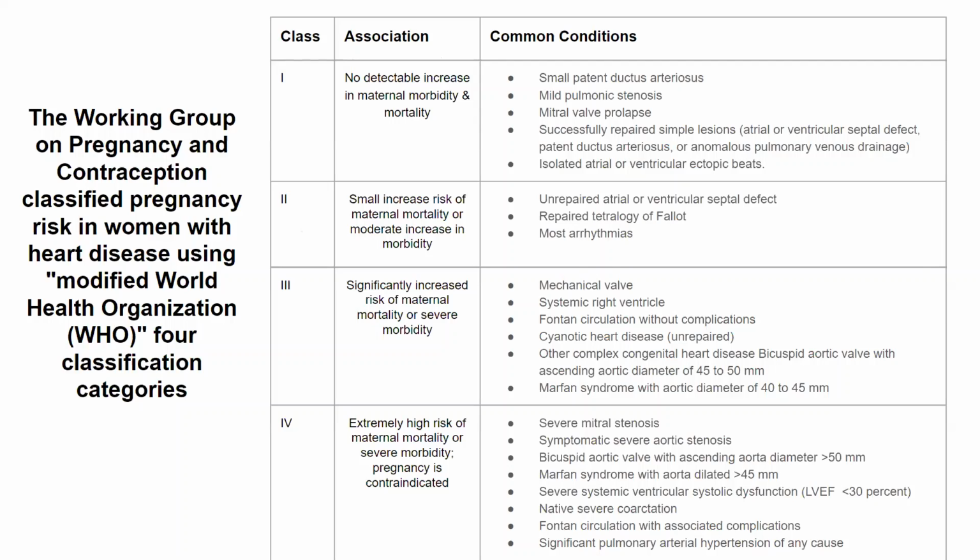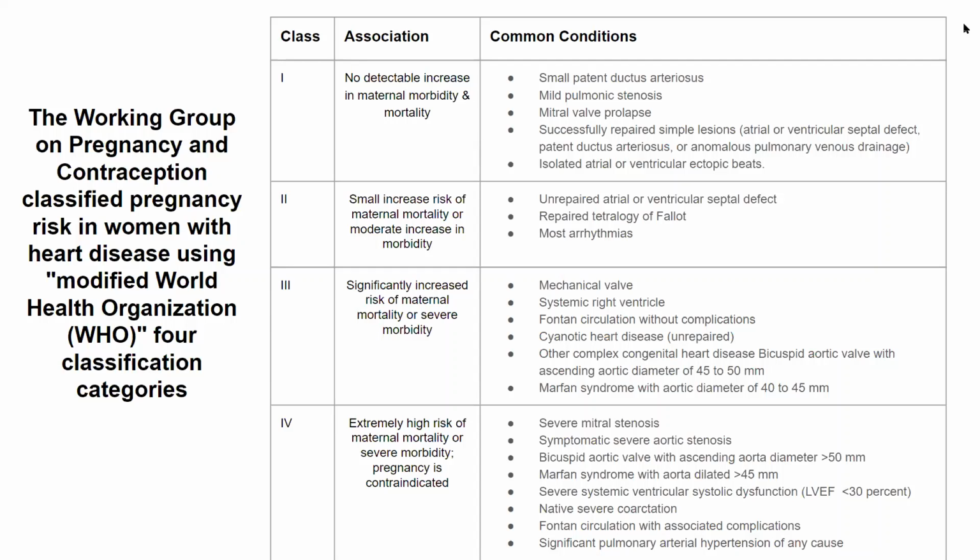So the WHO, this is a chart that's created through a working group on pregnancy and contraception from the World Health Organization. And they created these categories working with cardiologists to define cardiac disease in pregnancy. So these are used to guide cardiac care when it's an acquired condition.